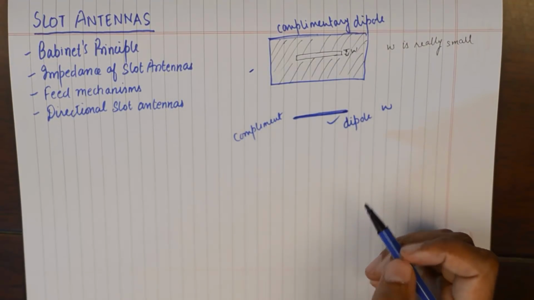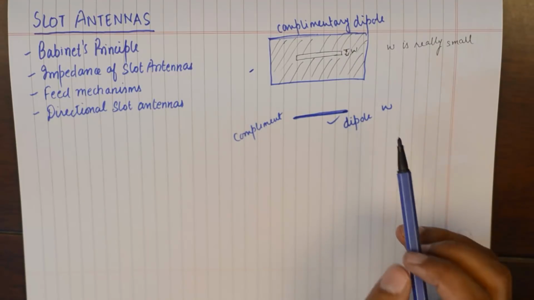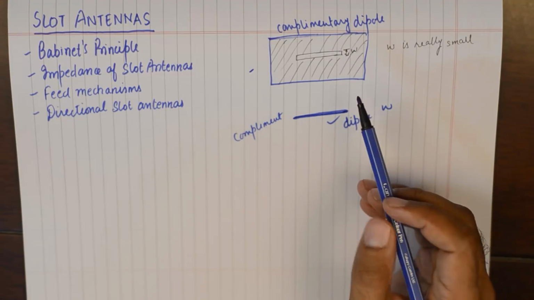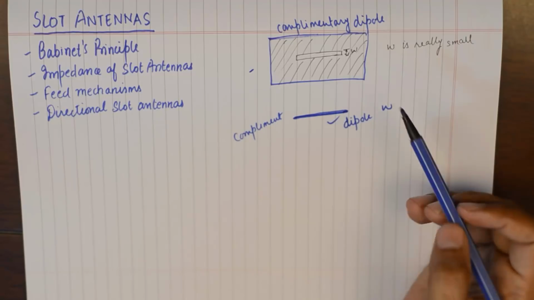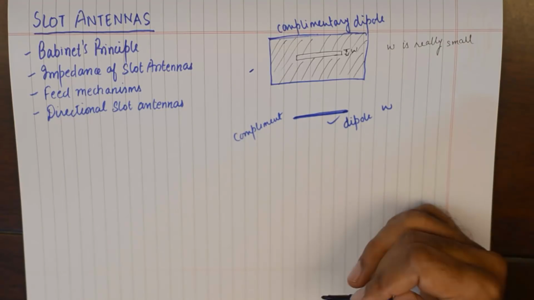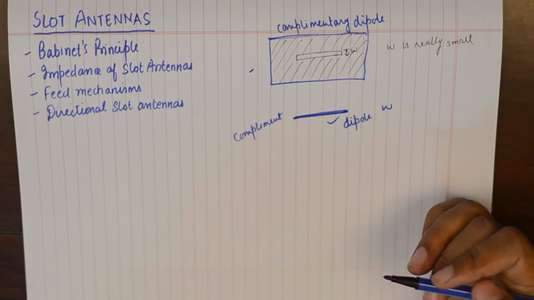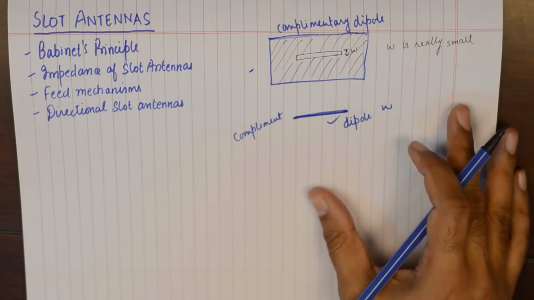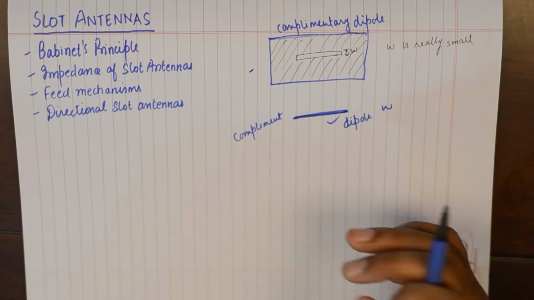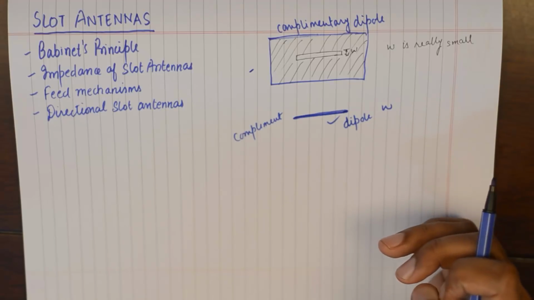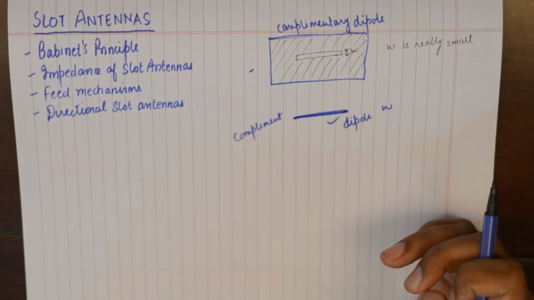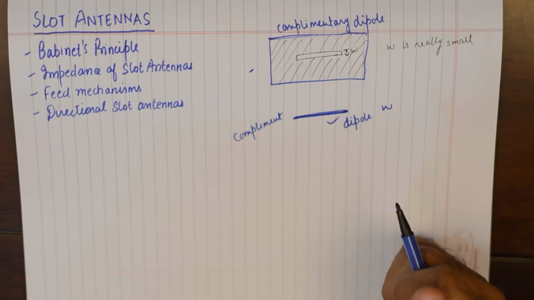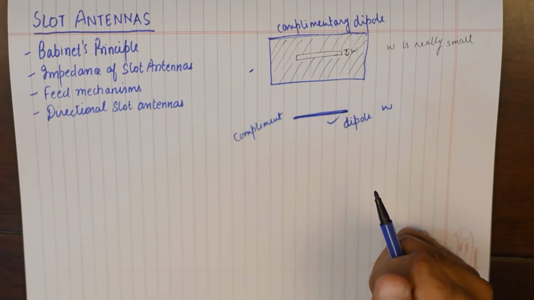Now, once we understand that a slot antenna is nothing but the complementary dipole antenna, it will be a lot easier to understand the effort behind constructing a slot antenna.